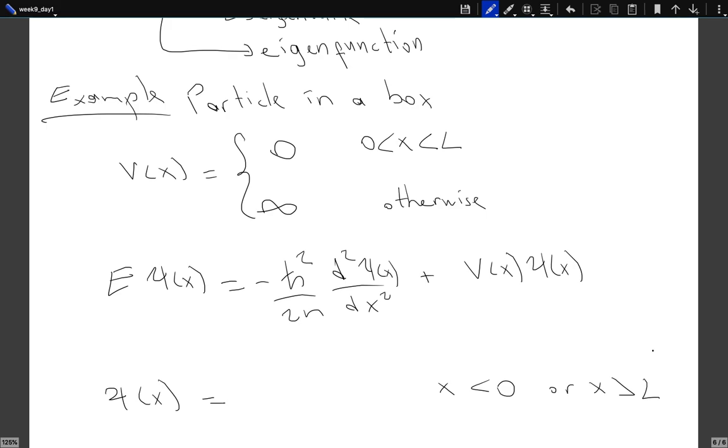So this term has to be finite or 0. But the only way that this term can be finite is if psi is 0. Otherwise, it won't be finite. So psi of x is 0 if we are outside the box. It tells me that the probability of observing my particle outside the box is 0. That is basically what being inside the box means. You are inside the box, you cannot be outside.